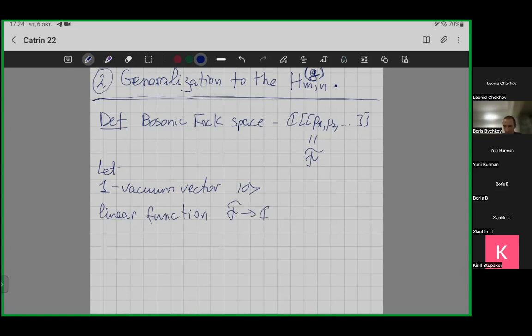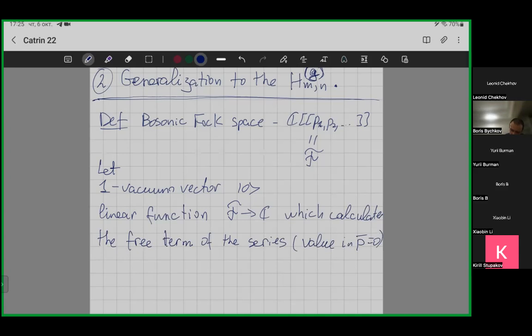So the value when all p's are equal to zero, and it's denoted by this one.